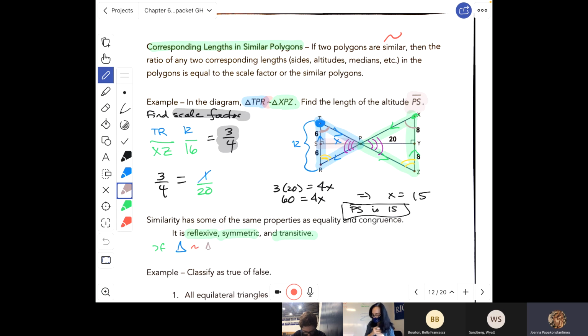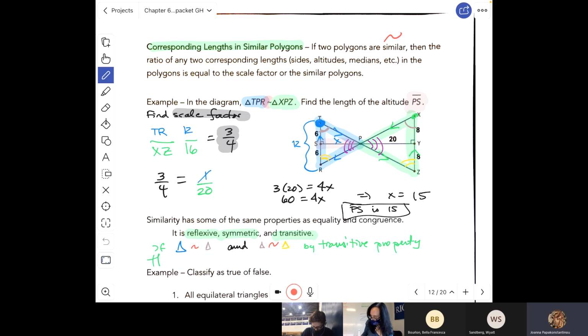So I have two triangles that are similar, and this triangle is similar to yet another triangle. If I wanted to demonstrate the transitive property, then what do I know?